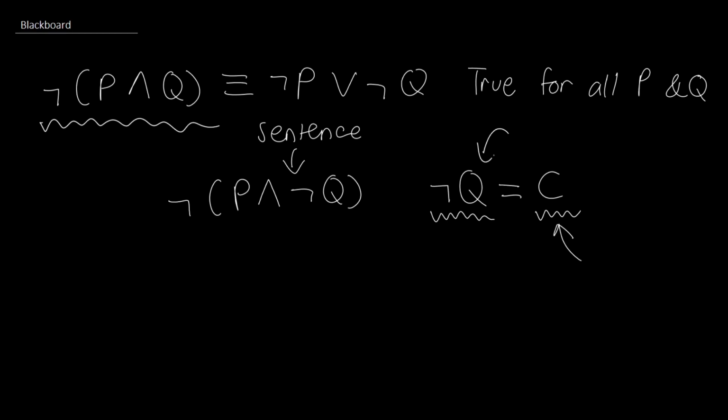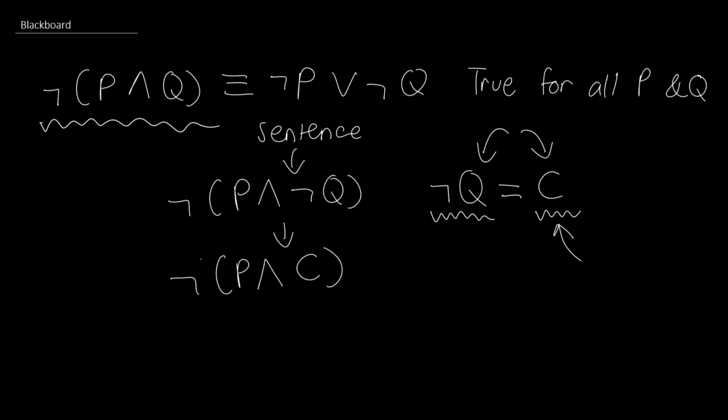So you have these two statements, and they're equivalent to each other because you gave them the same meaning. And this just turns into not P or C, because this and this have the same meaning, and you made sure that that's possible because you assigned the meaning to this guy and this guy yourself.